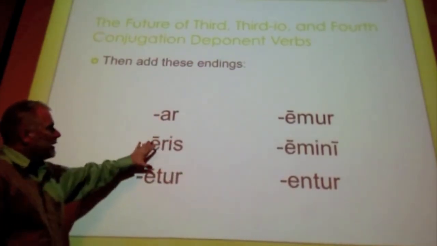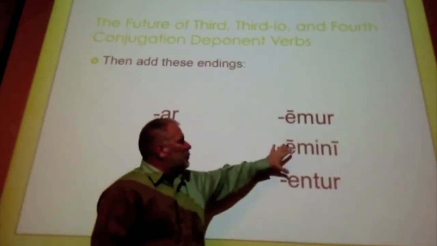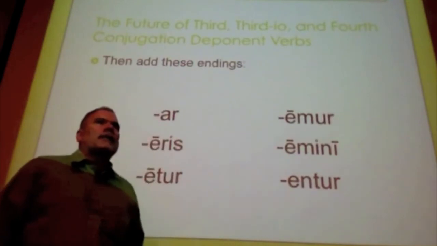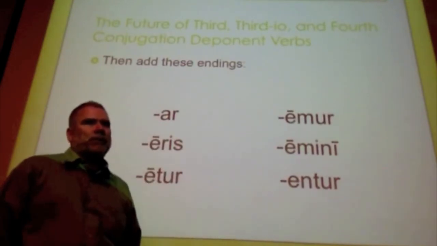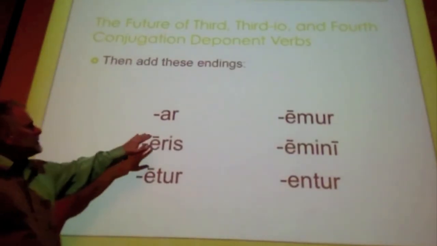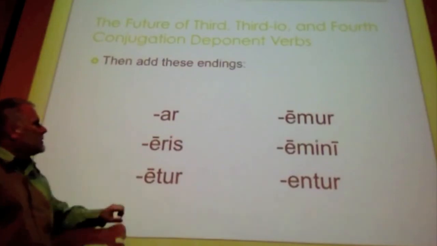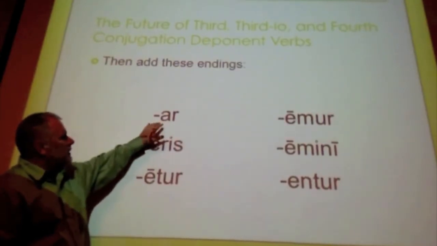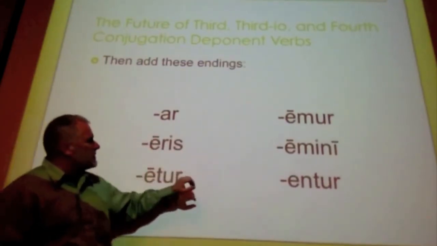Now, you may recognize these as the present tense endings of second conjugation deponent verbs, a verb like polliceor, except for one thing: this r is something new. Essentially, we've got a in the first person singular, and a long e in all the other forms.